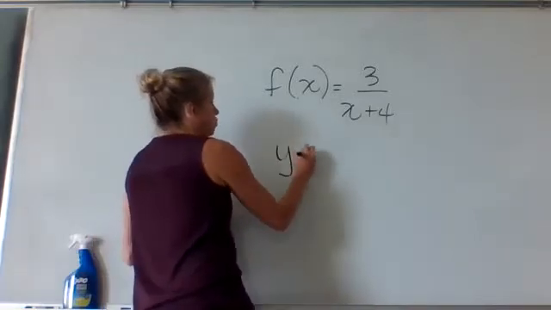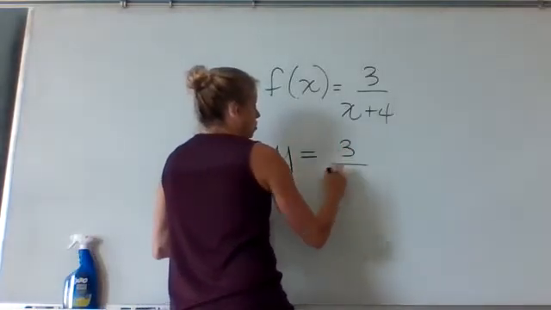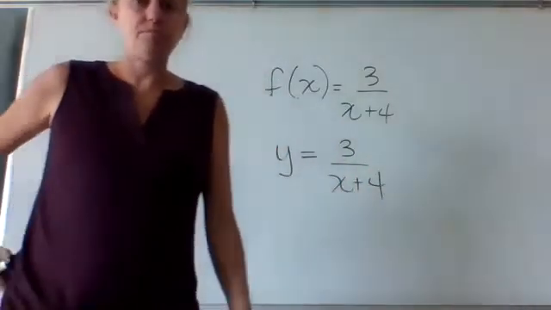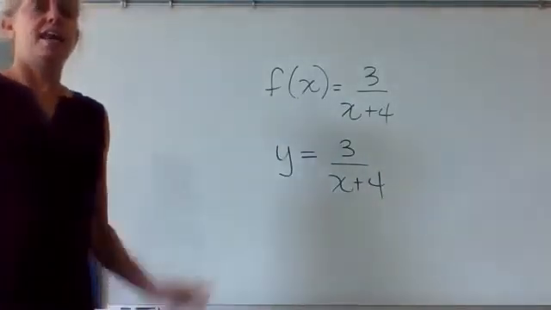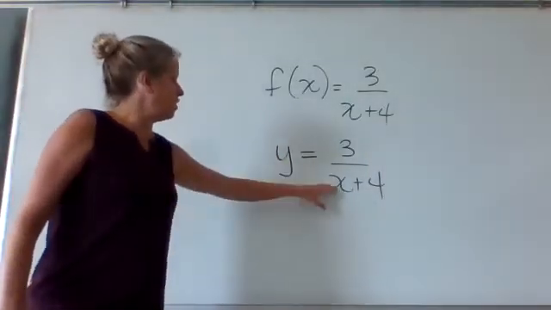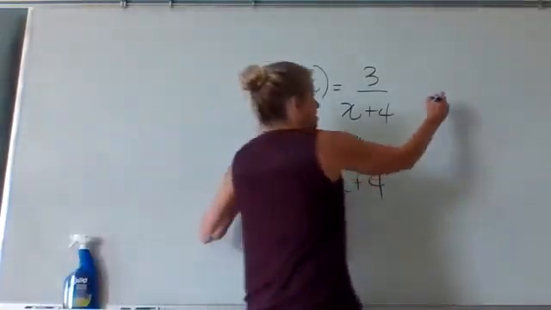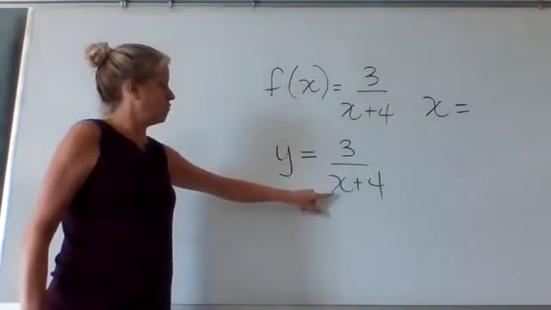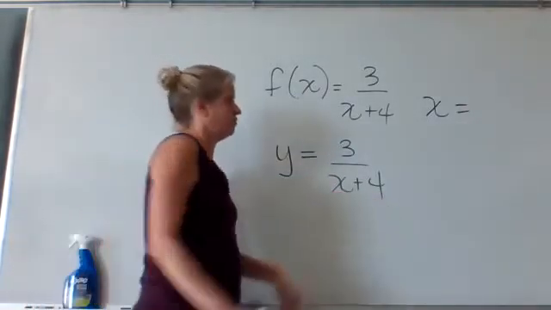So this really says y equals 3 over x plus 4. Now I can interchange x and y. So just flip-flop those. So it's going to have x equals 3 over y plus 4.